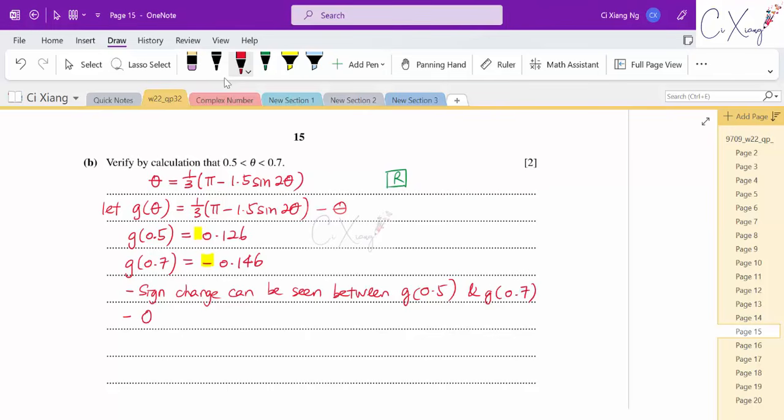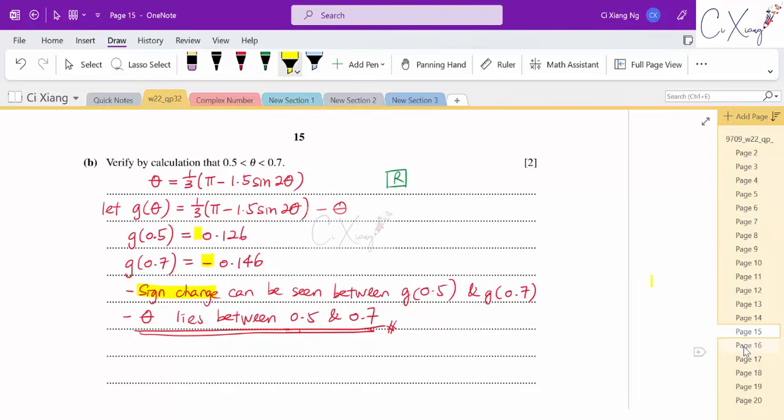So this also concludes that theta lies between 0.5 and 0.7. Once you can see the sign change here, it helps us to conclude theta lies between 0.5 and 0.7.